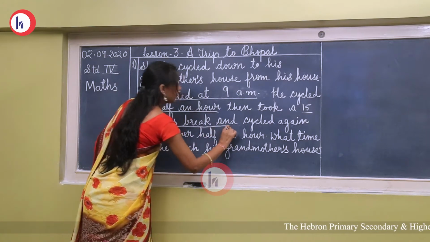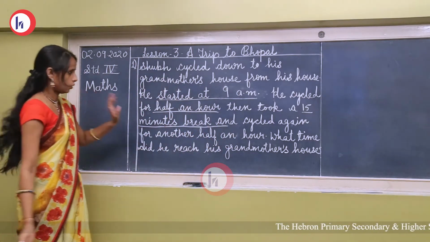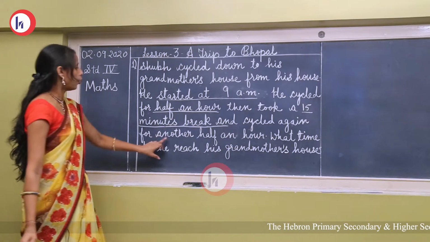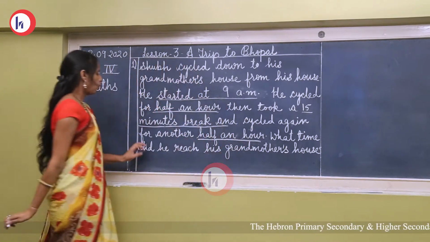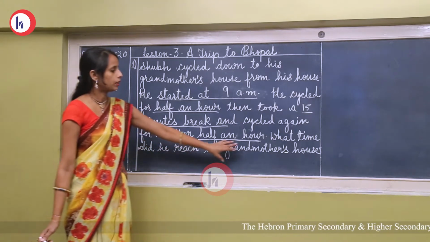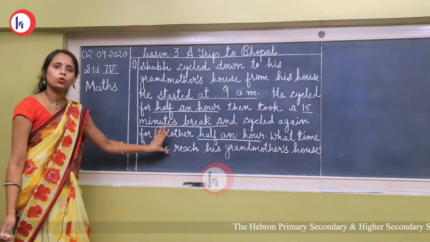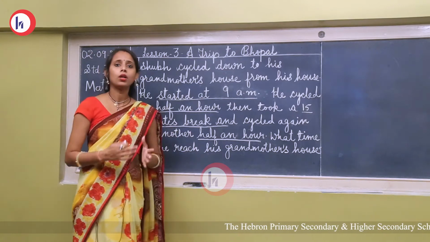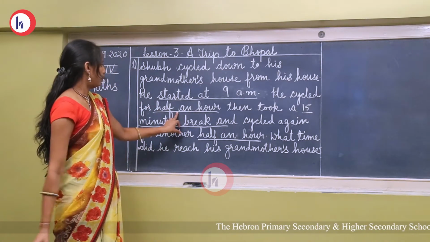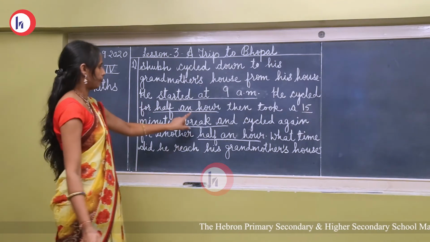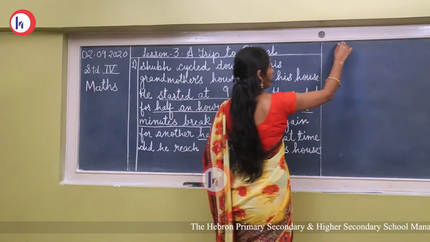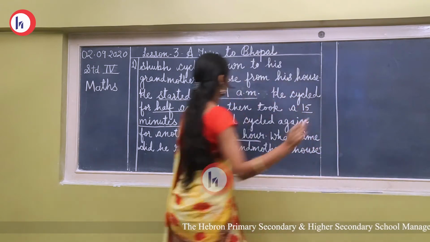How many minutes did he take for the break? 15 minutes, okay? And he cycled again for another half an hour. What time did he reach his grandmother's house? So first of all, we have to find out how many minutes he took in cycling. To find that out, we have to add.